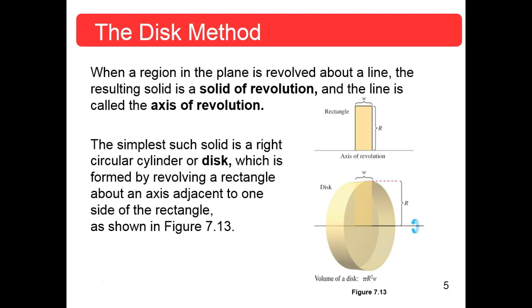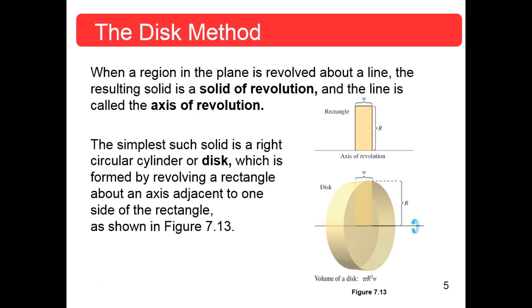The rectangle has a width, they're calling W, clever name, and height, you might say, or length of R. That capital R doesn't stand for rectangle. Capital R stands for radius, because you're going to revolve that around the x-axis, the axis of revolution.